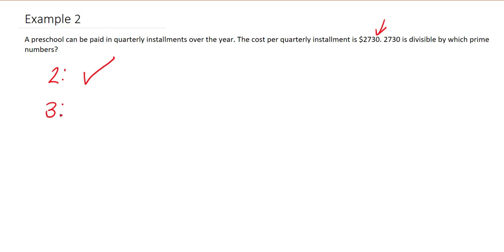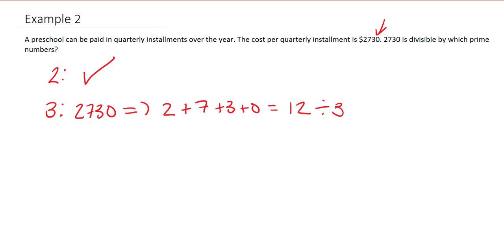Now 3. For 3, we're going to have to add up all the digits. So that becomes 2 plus 7 plus 3 plus 0, which is equal to 12. Can we divide that by 3?